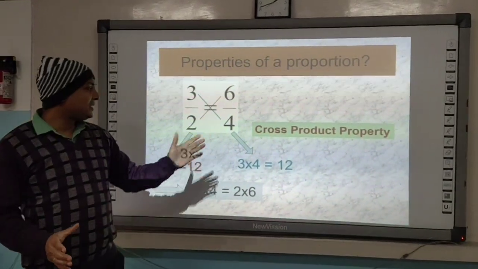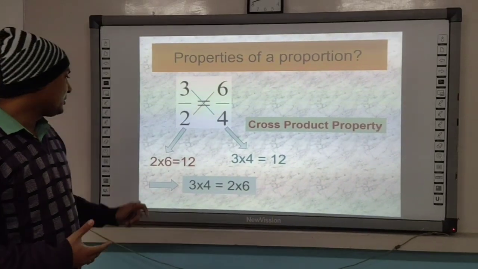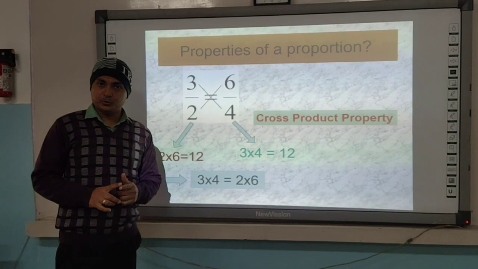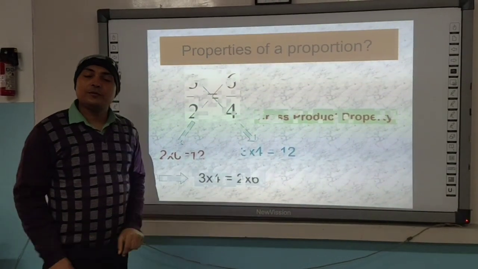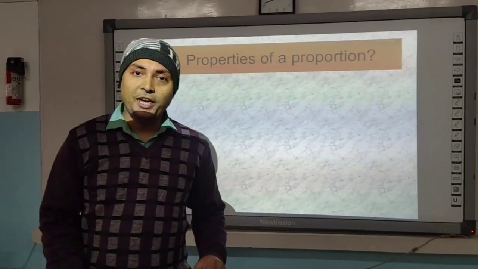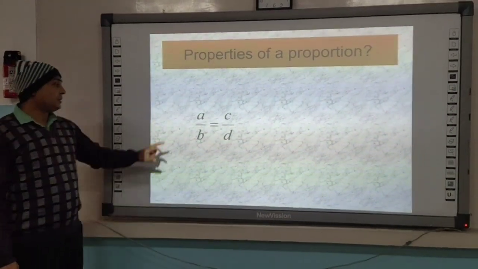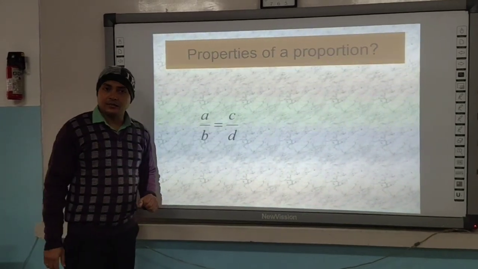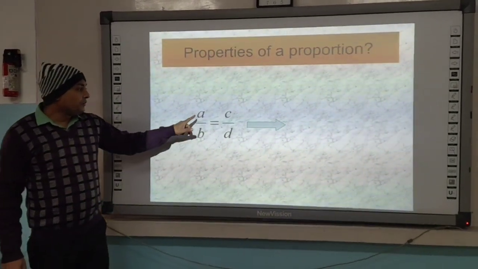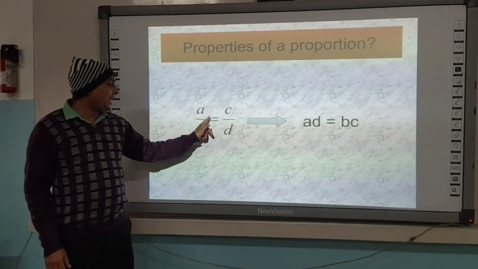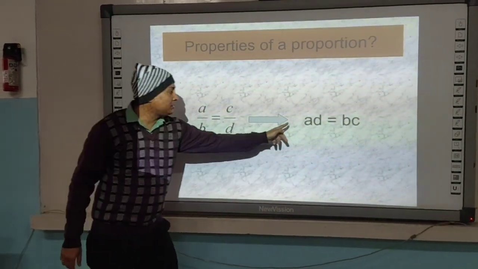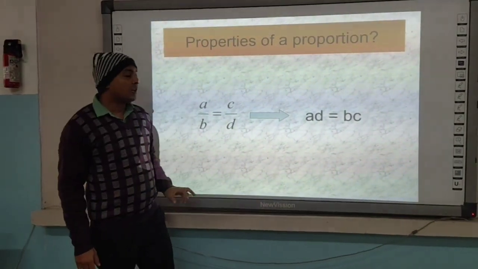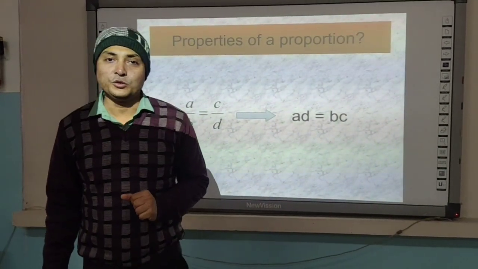So students, this is the cross product property. Means the cross product of the ratios will be equal. So now we will take them in the form of A, B, C, D. See, A upon B, I have taken one ratio, and C upon D, I have taken another ratio. Now we can say that A into D, cross multiplied, is equal to B into C. Now one more term we use here.